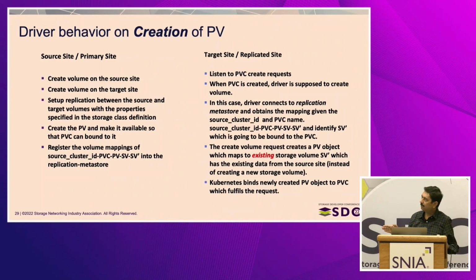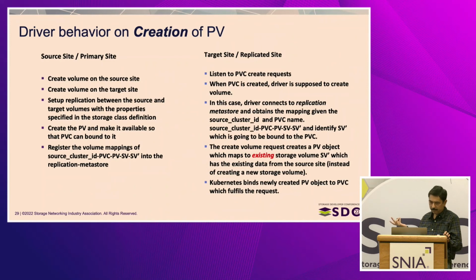Now, on the target side, what do we do? Let's say the source side is done, everything is fine, and the data is getting replicated to the target. So SV dash is there. On the target side, let's say you deploy the code you had on the source at the target also. Now, this is where you want to actually bind your pods to the right set of volumes, the SV dash ones.